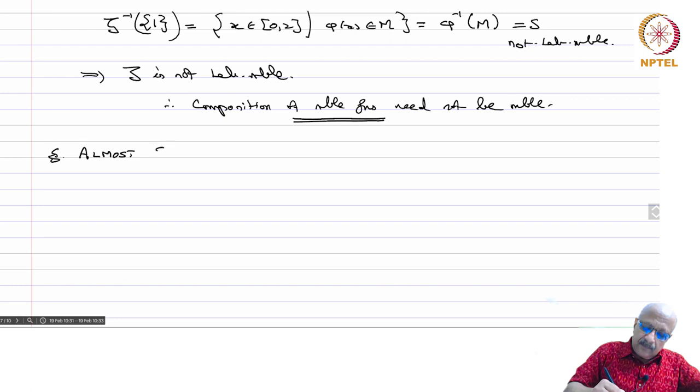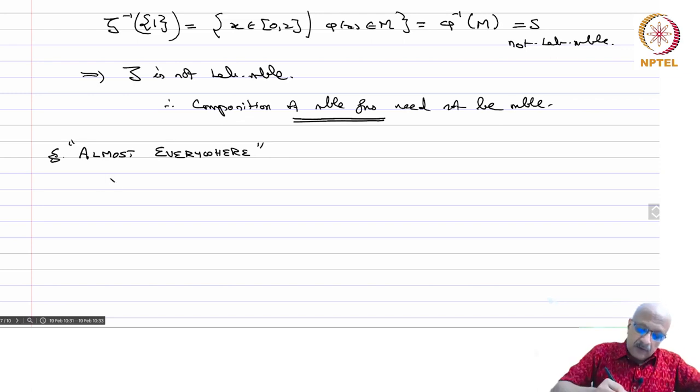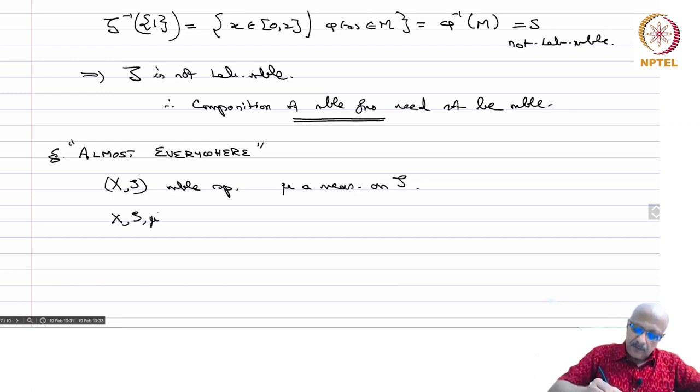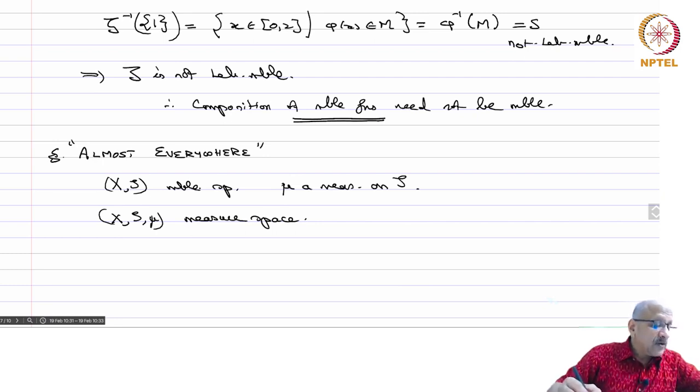Now that we have, what do we mean by this? A statement which we will have. X, S a measurable space, mu a measure on S. Then we say X, S, mu is a measure space. We have a measurable space X, S, which means you have X and a sigma algebra, and now if you specify the measure also, then you call it a measure space.